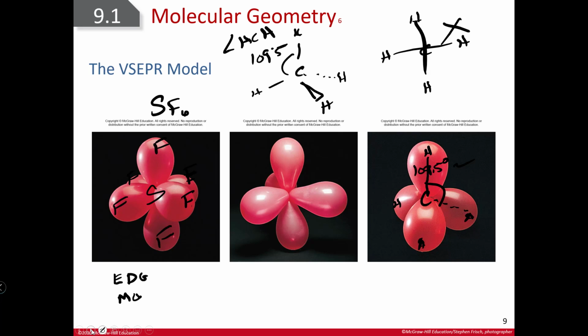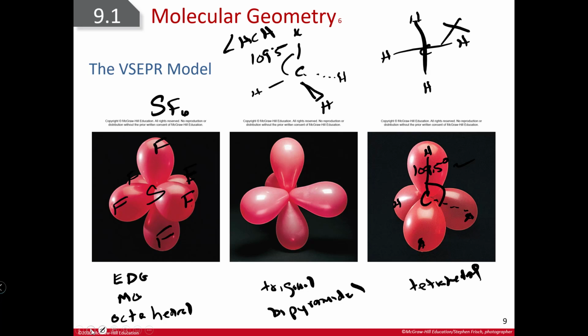This one would be octahedral. This one would be trigonal bipyramidal. And this last one would be tetrahedral. All right.